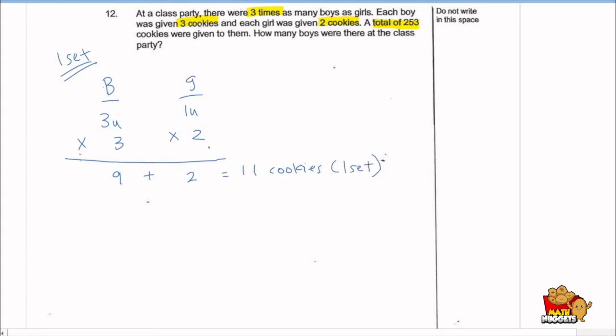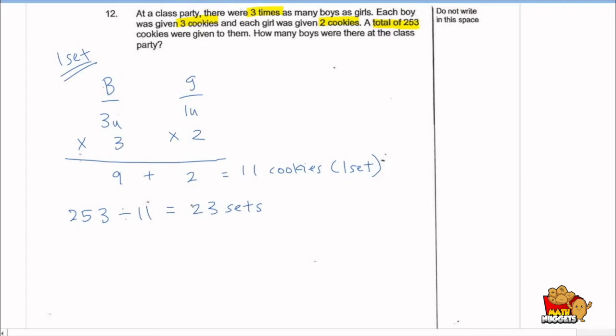So since the total is 253 cookies, I need to find out the number of sets. I know that there are 23 sets of these. So how many boys are there in the class party?